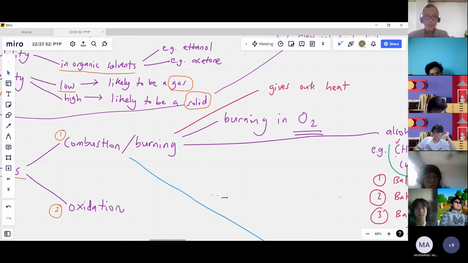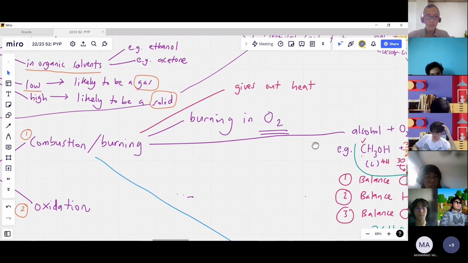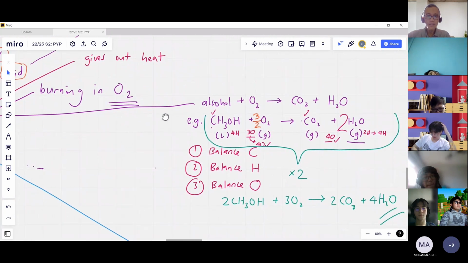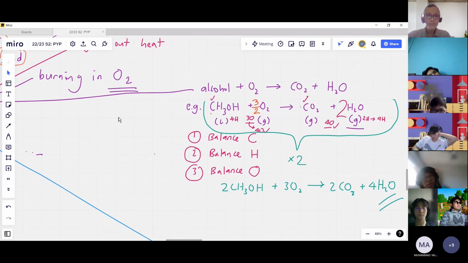What else? You're supposed to know how to write the combustion equation, so please pay attention. This is your first one. Maybe I erase some of the stuff.